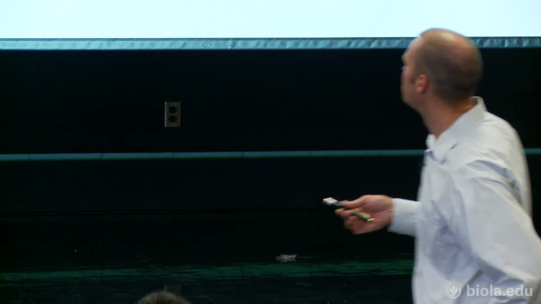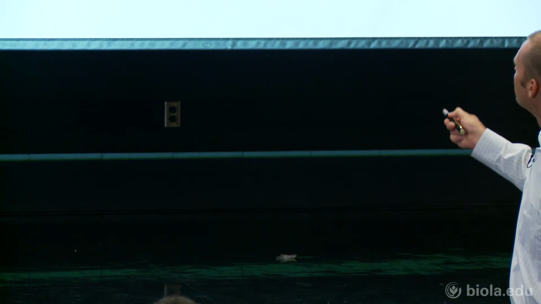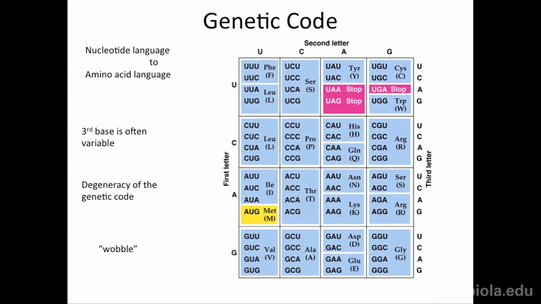Organisms have preferences for which codons they use. So if you're reading a gene sequence, you can sometimes tell what organism it is by which codons they're using for which amino acids. For example, some organisms might use this group of codons for their leucines and very rarely use those codons for leucine.